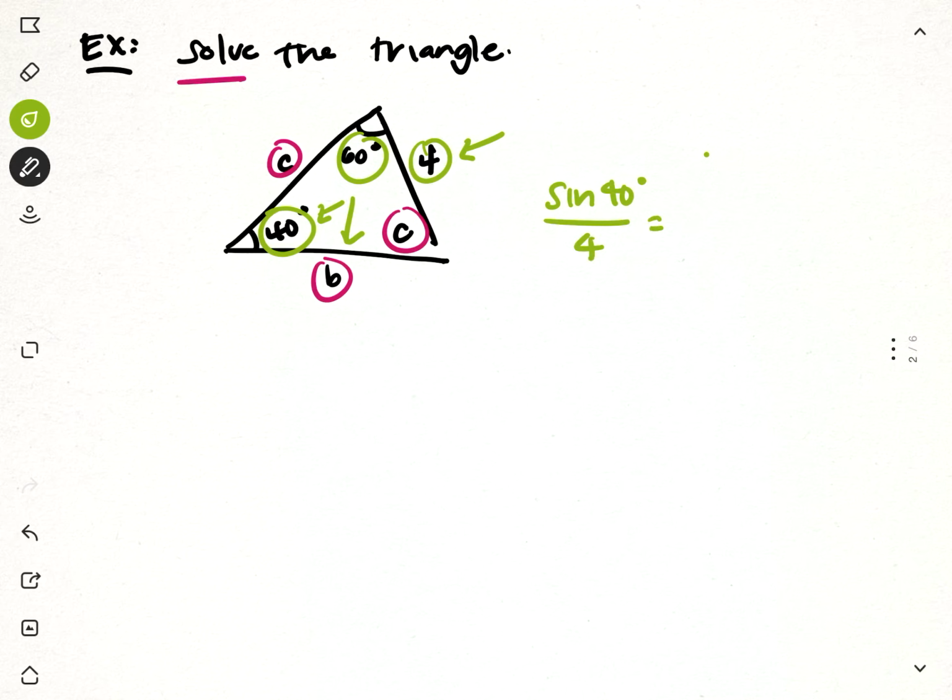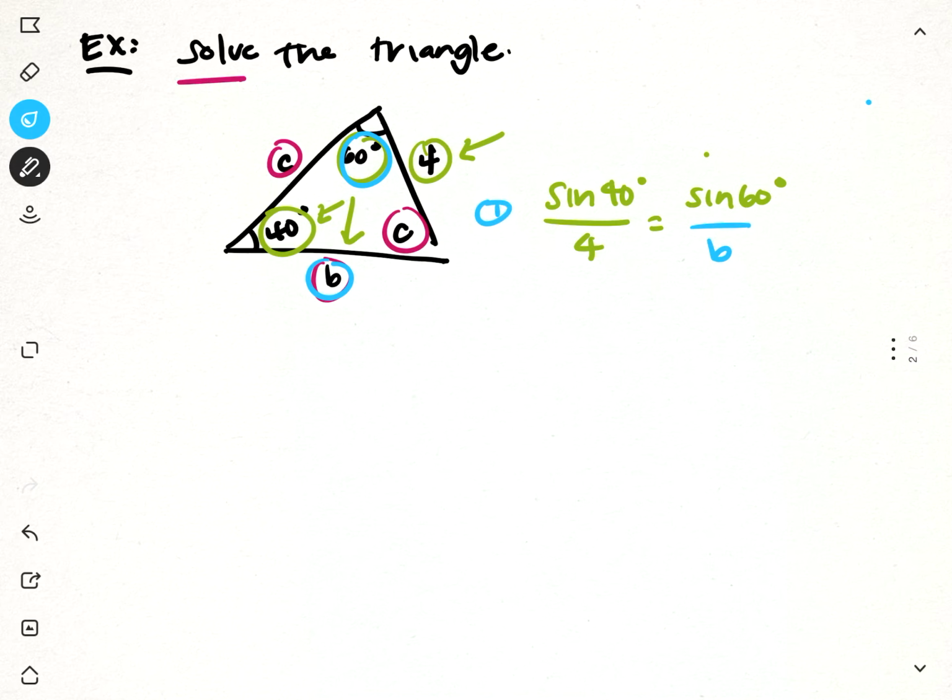That is equal to sine 60 over B. What we're trying to do here is fill in three of the missing pieces to our puzzle so that we can find our B. All we have to do is solve this for B.